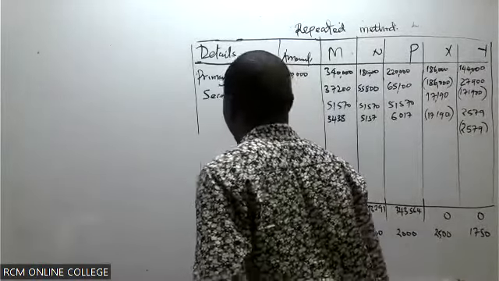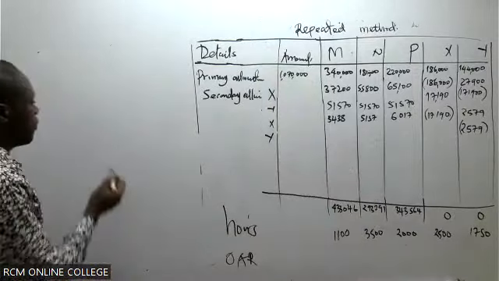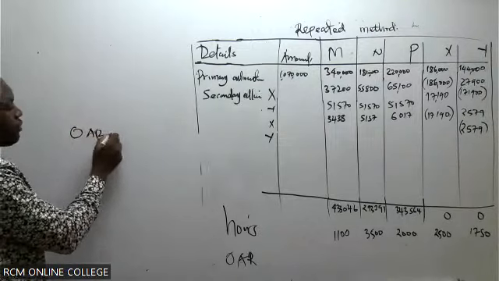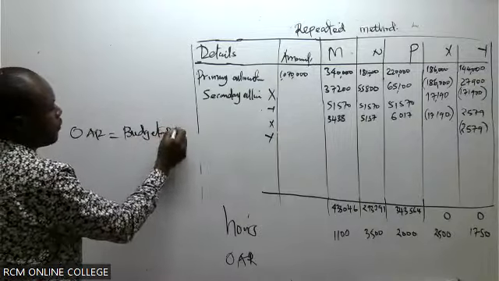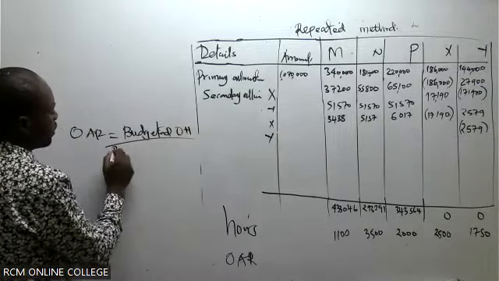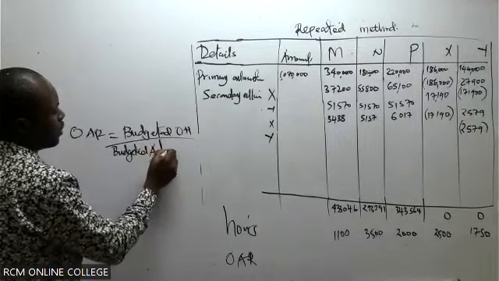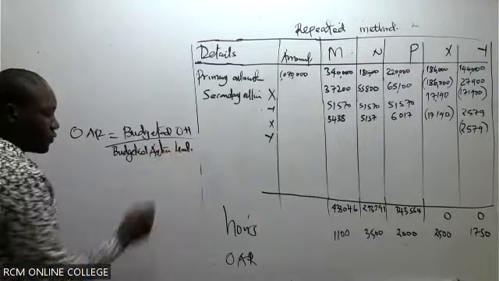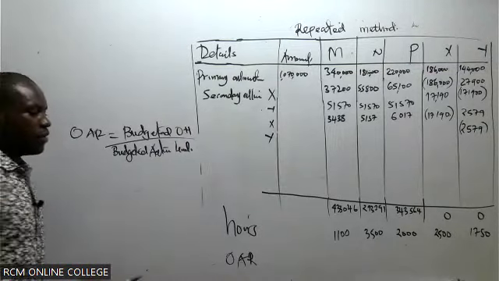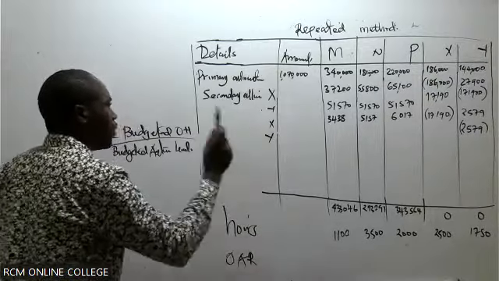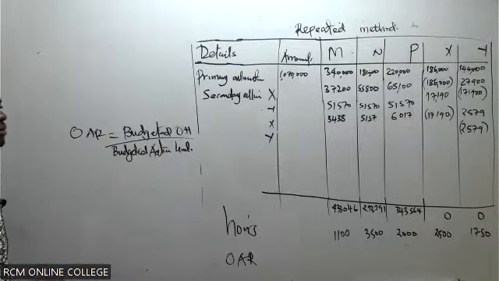Up to this time, I believe nobody is not aware of this method of overhead absorption rate, is equal to budgeted overheads divided by budgeted activity level. Here, they are now requesting us to give them the overhead absorption rate for the departments. Do we have budgeted overheads?